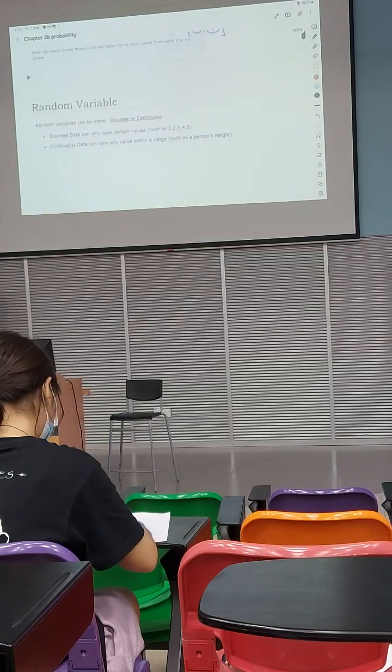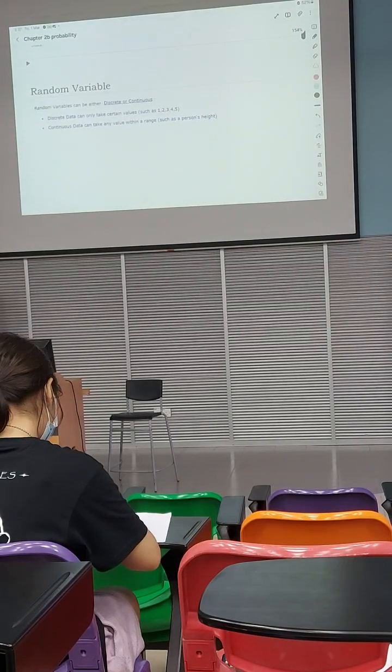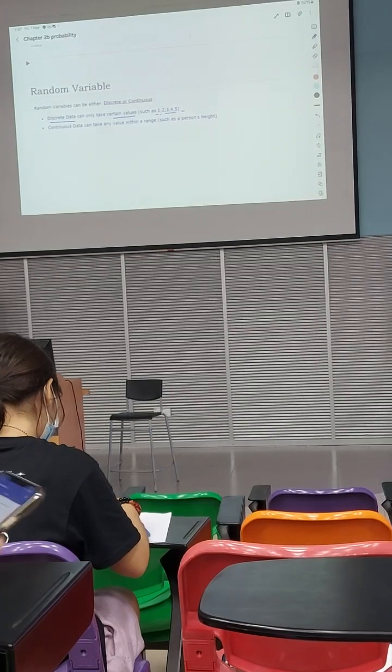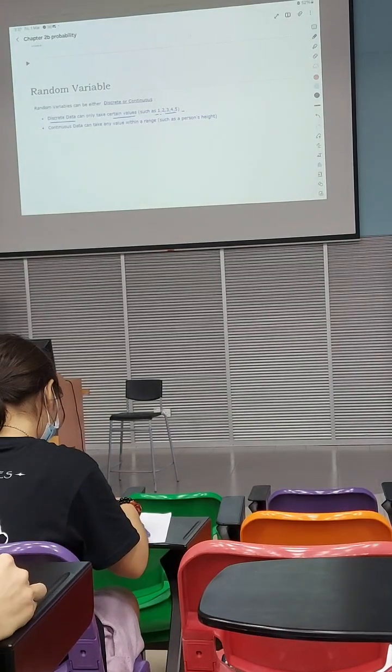Alright, let us go through this. A random variable can either be discrete or continuous. What is meant by discrete data? The data can only take certain values, for example 1, 2, 3, 4, 5. However, continuous data can take any value within a range, such as a person's height.